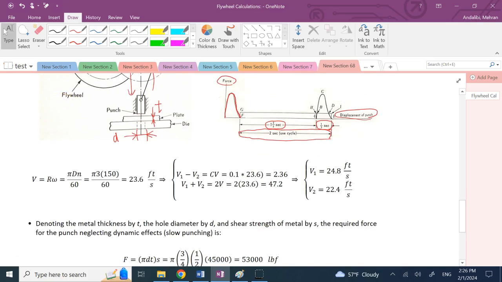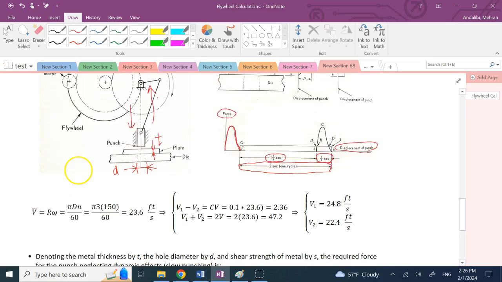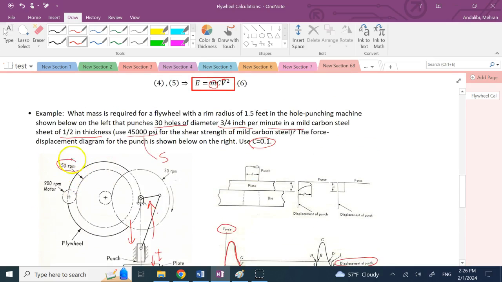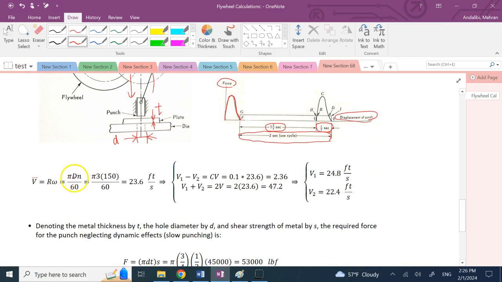The first thing we need to calculate is the V of a point on the rim, which is R times omega. Now in this case, what you have for the rim is 150 RPM. You multiply that by pi times d over 60 to convert it into feet per second. Remember, this is not omega. I don't have omega here. I have n, which is in RPM.